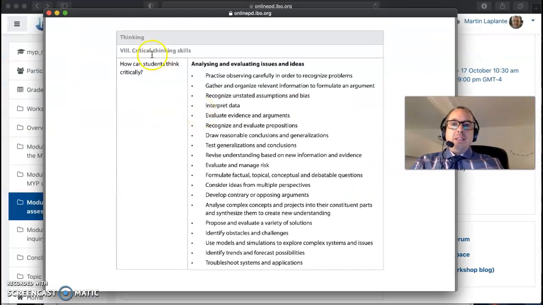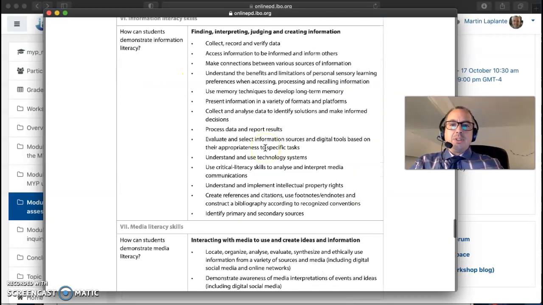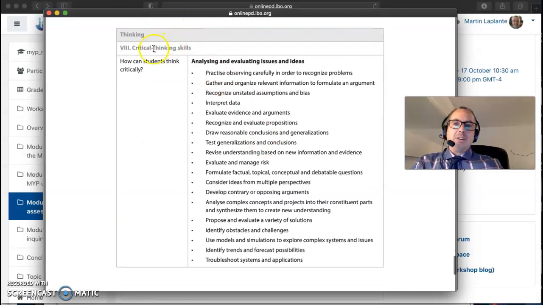What's in gray here is a category of the ATL skills, and then you have the clusters, the ATL clusters, which we call, and then you have the indicators. So let's say in the thinking category, there are the critical thinking skills, which would be the cluster, and then you have many indicators.